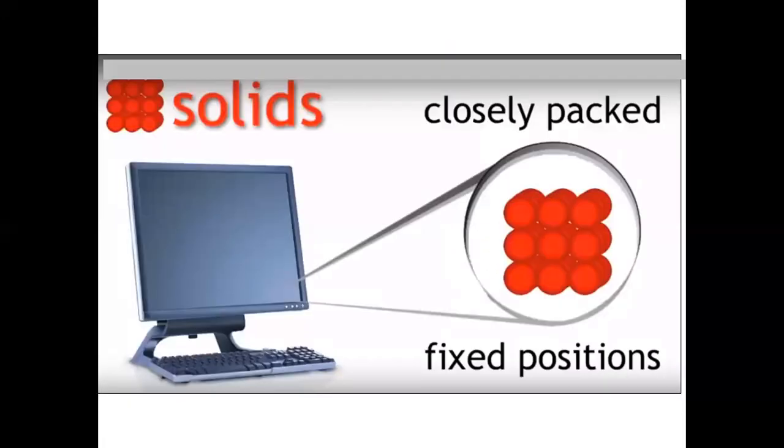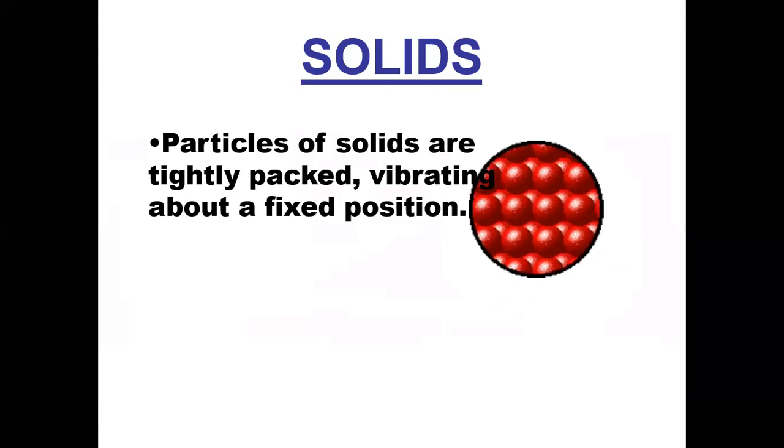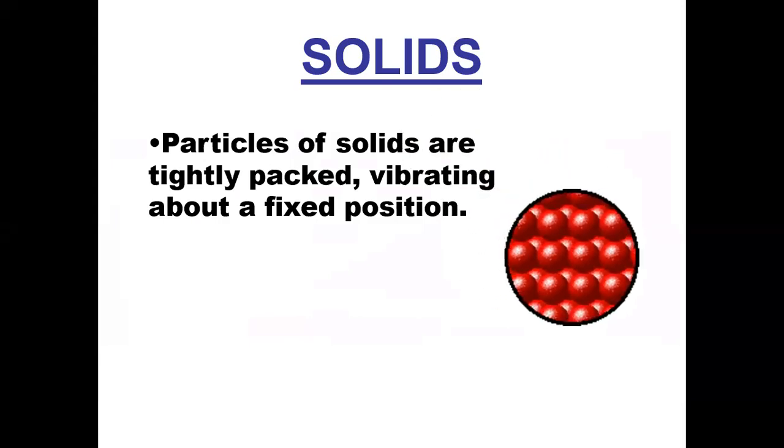But do you think solid particles can move? Okay, I want you to see how particles of solids can move. Did you notice anything? Actually, solid particles can vibrate in their spot. They vibrate, they shake like jelly.